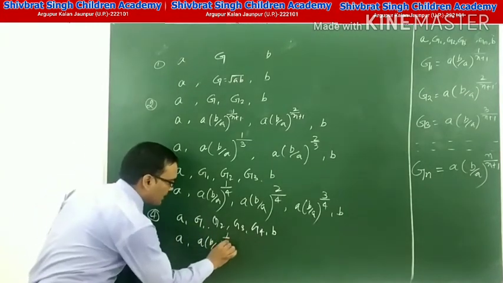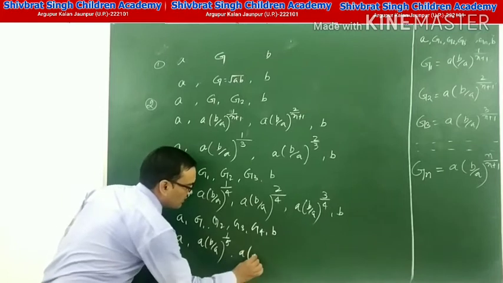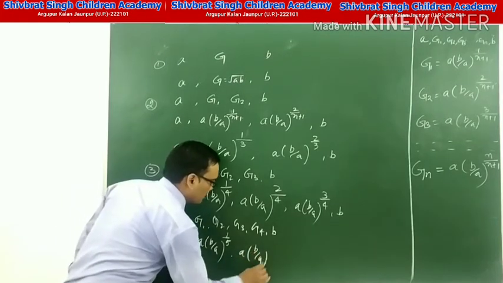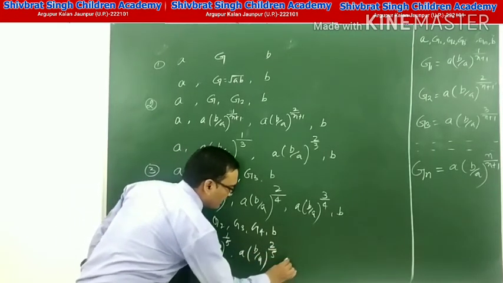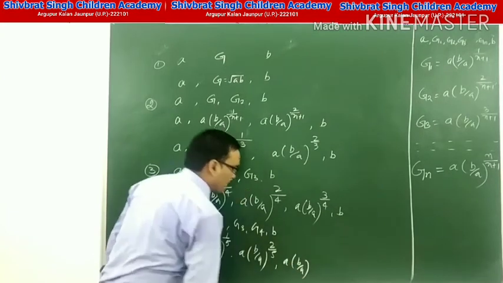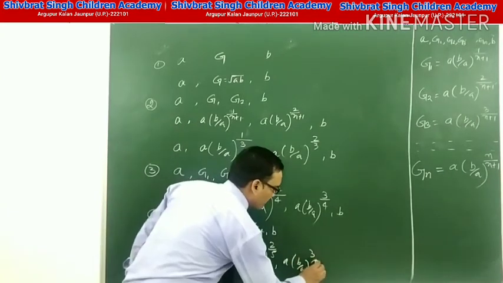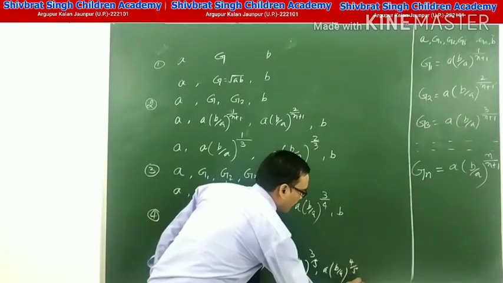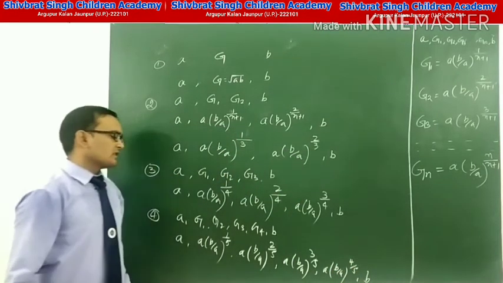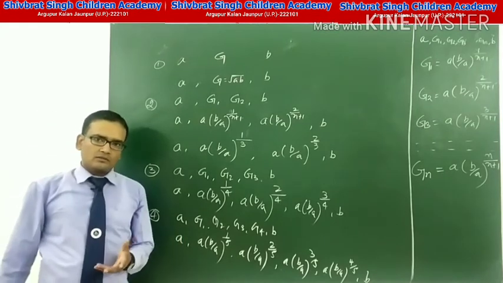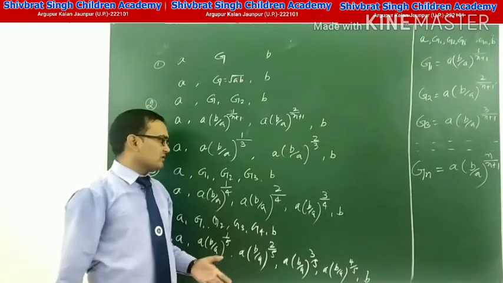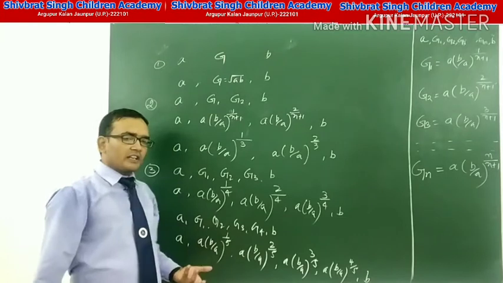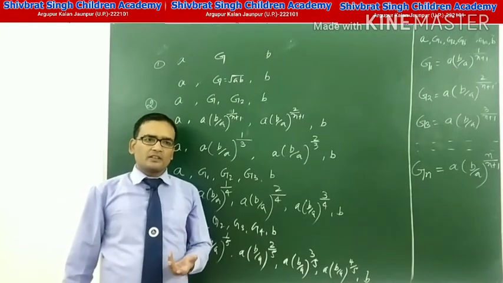We get A (B upon A) to the power 1 by 5, then A (B upon A) to the power 2 upon 5, A (B upon A) to the power 3 upon 5, and A (B upon A) to the power 4 upon 5, and B. Similarly, we can insert 5 geometric means, 6 geometric means, as you like.